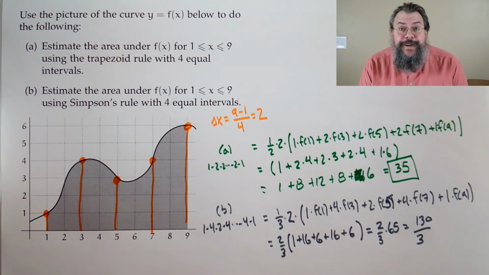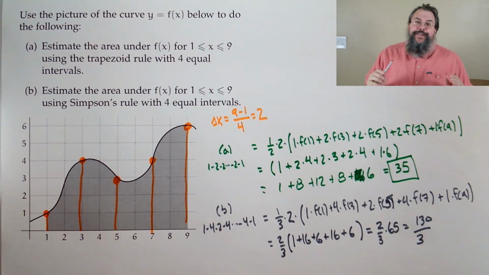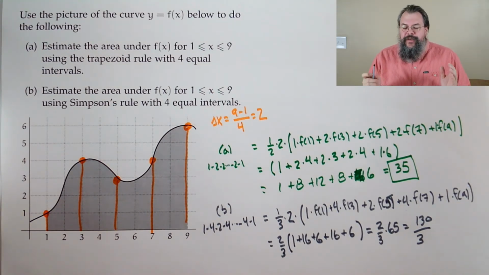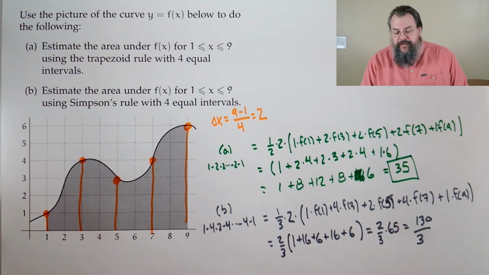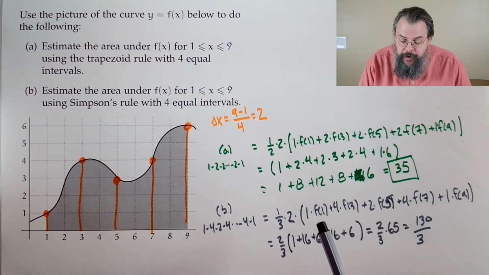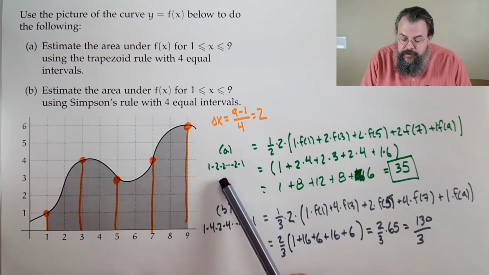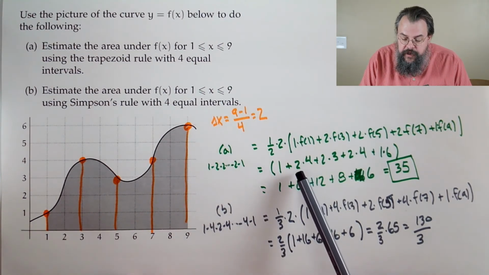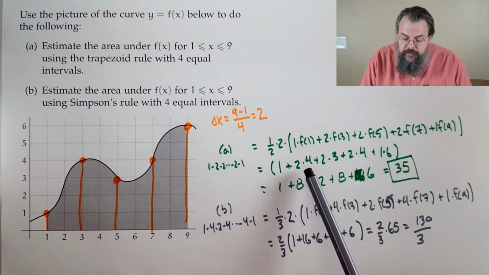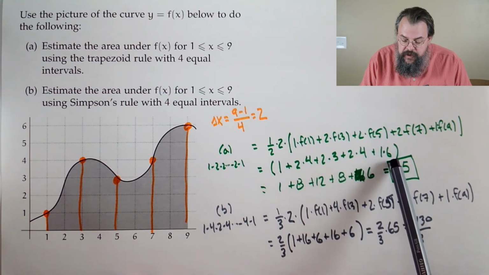Let's double check our work, right? It's always good to double check because you don't want to make mistakes. Or if you do, you want them to be small mistakes. Okay, so the pattern is fine. That's 1, 2, 2, 2, 1. So we still have the 1, 4, 3, 4, 6.